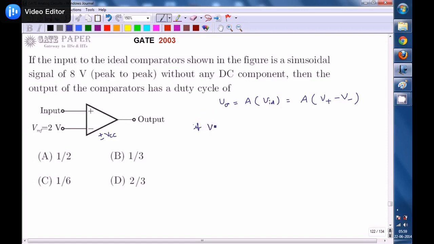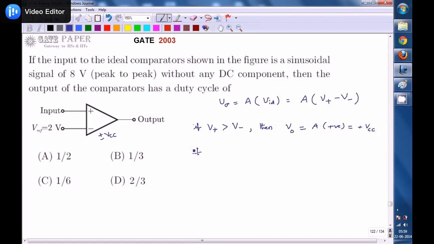If voltage at non-inverting terminal is more positive than voltage at inverting terminal, then V0 is equal to gain times some positive value. That implies a large positive value, but because power supplies are limited to plus or minus VCC, you will get plus VCC as output.